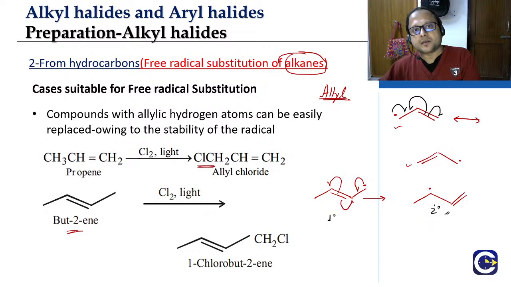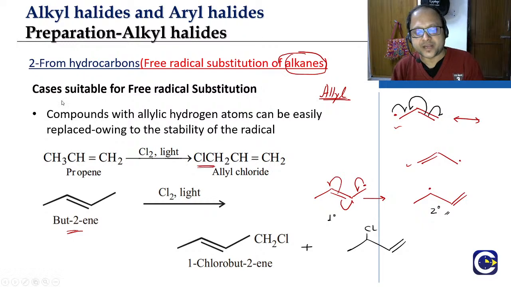So here you have got another isomer, which is this, and secondary is always more stable than primary, right? I hope this part is very much clear to all of you, right?